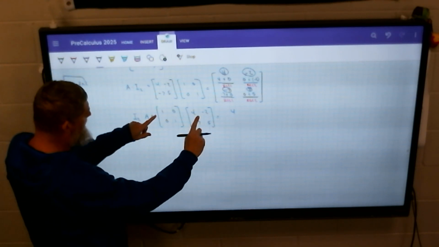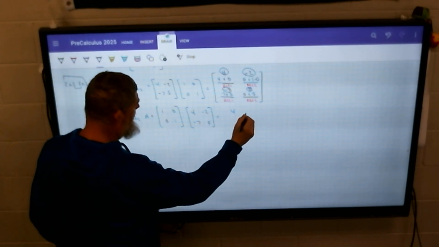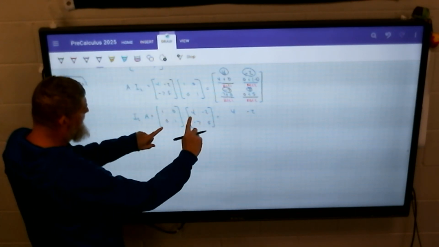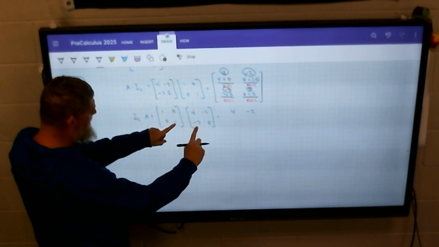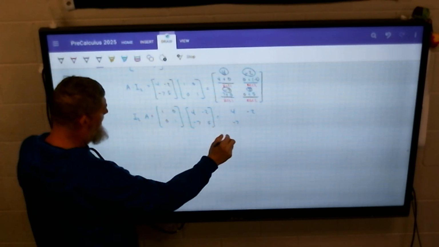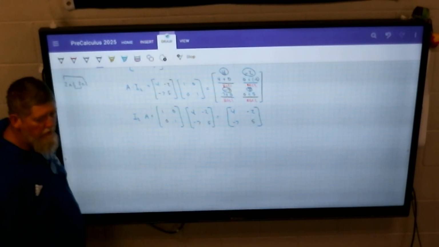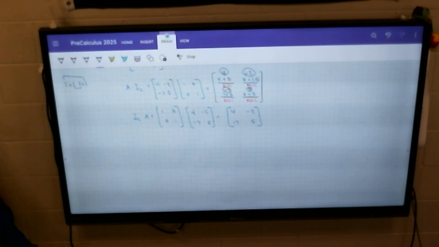The second one's going to be -2 plus 0. The next one's going to be 0, -7. The next one's going to be 0, 5. It proves to be the exact same thing. It doesn't matter which place you multiply the identity by.